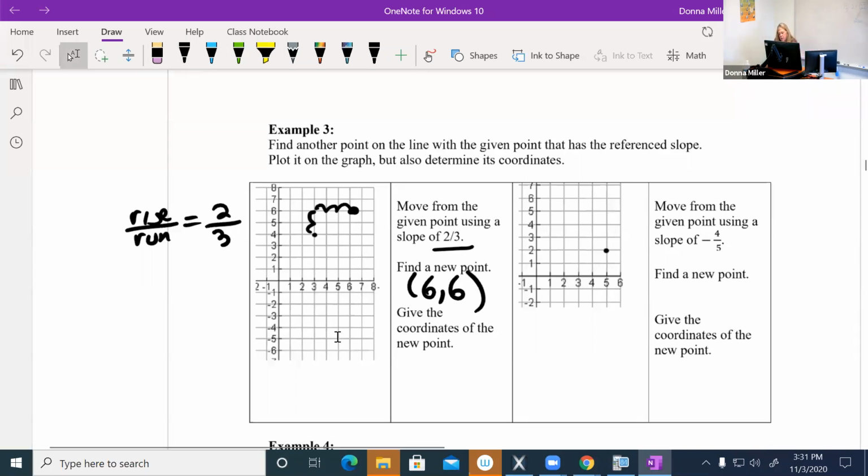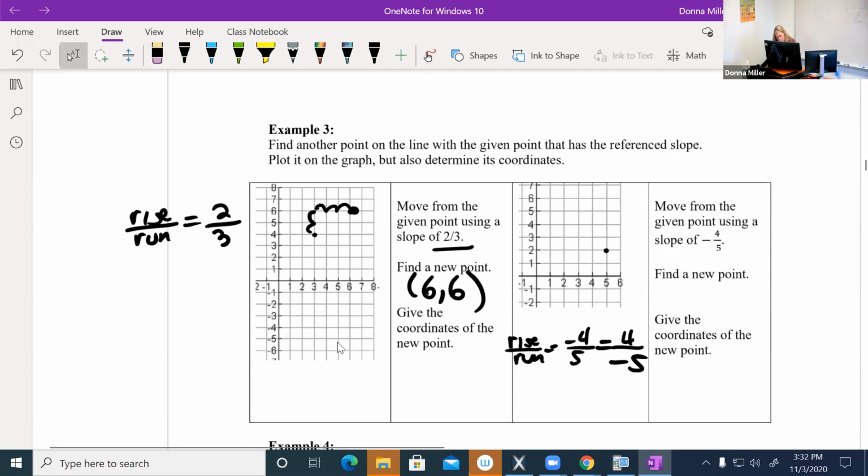Now, here, if I try to go, the slope is -4 over 5. So if I go down 4 and over 5, you see I run out of graph? But I can go backwards, right? I could write this as 4 over -5. So rather than, because I ran out of room, I'm going to go the other way.